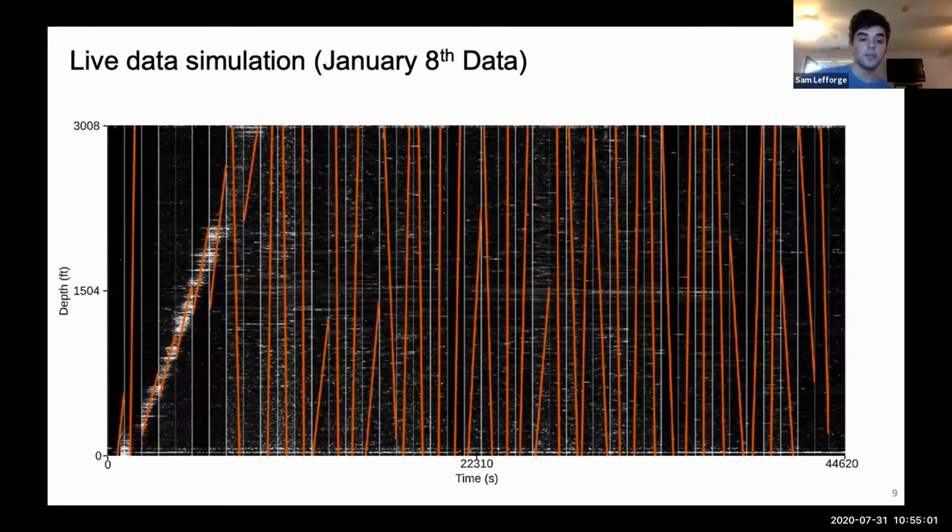So on the field, you don't have the luxury of working with entire data sets like I've been doing earlier. The data comes in live, so you have to work with just a few seconds at a time as it comes in. And so that's what I tried to simulate here.